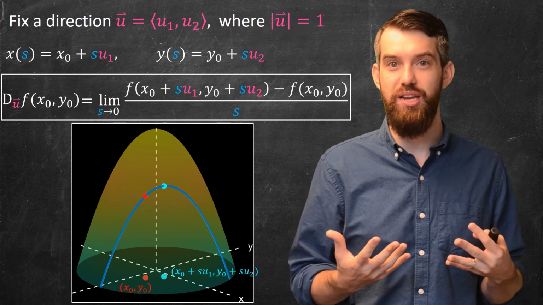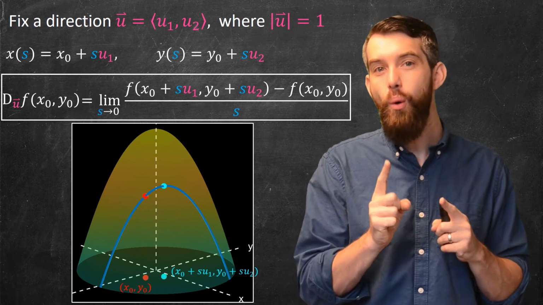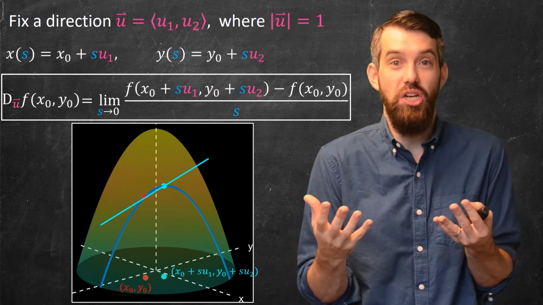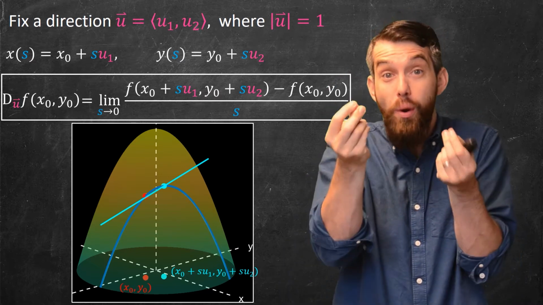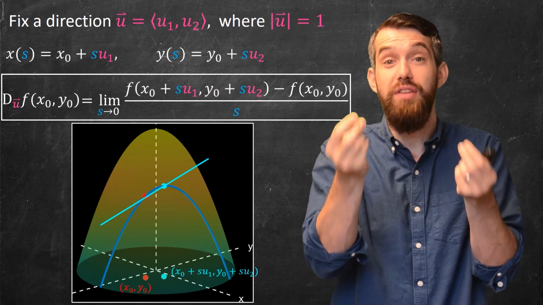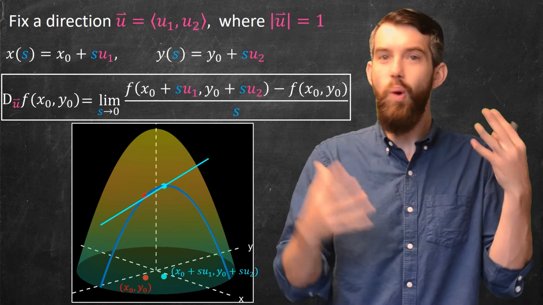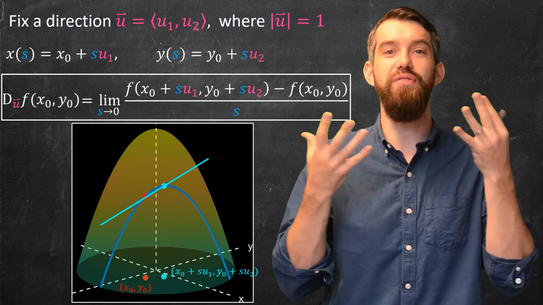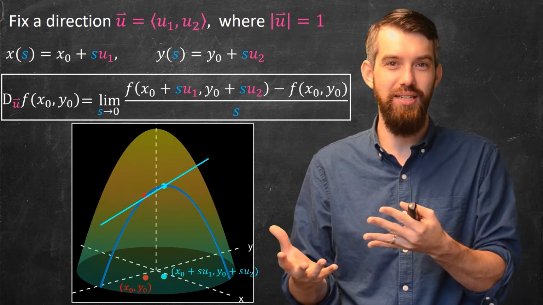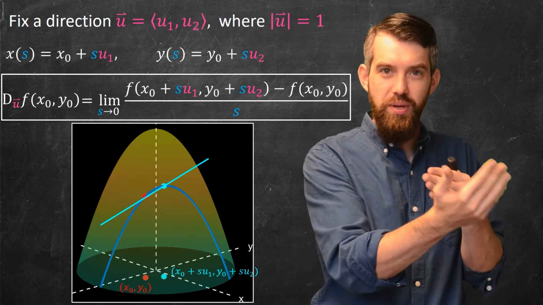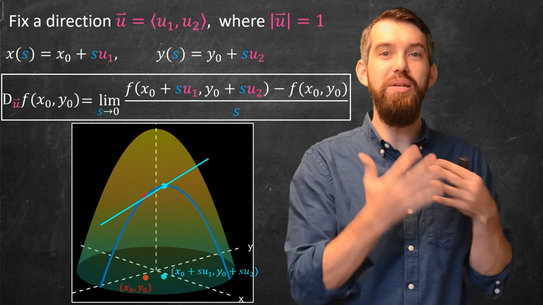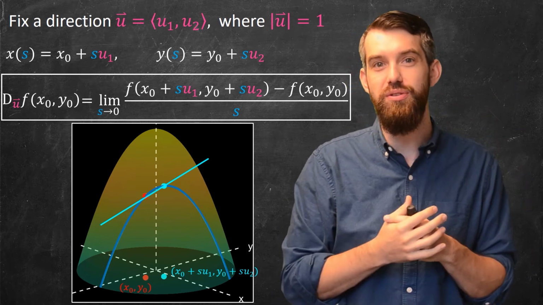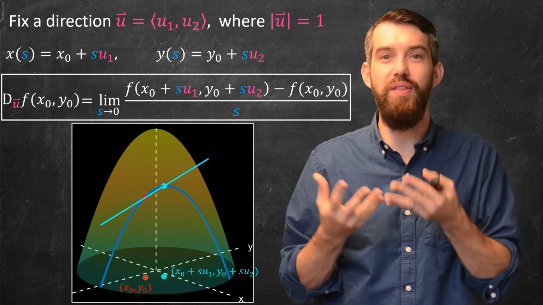So I get these two particular points, and from those 2 points, I can put up a secant line. A secant line is just a line that connects 2 particular points on the graph of this function. And so what I'm doing with this equation is really looking at a limit of slopes of secant lines. Indeed, when I go between these 2 points, in that particular direction, you have a rise, the difference in the f values, and you have a run, the difference in the s.